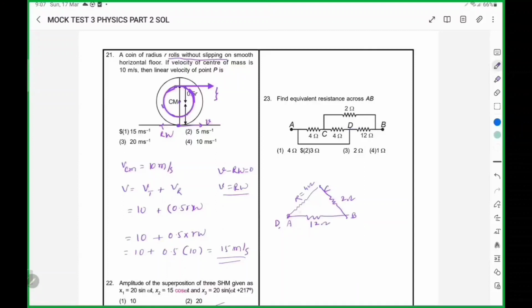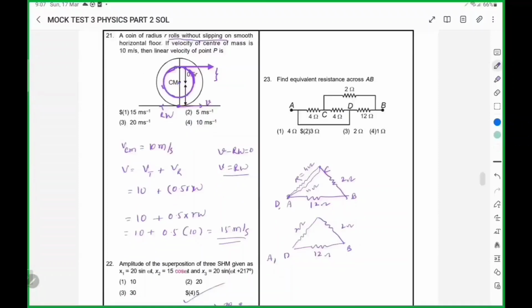And between C and D, you have another resistance, 4 ohms. So these two are in parallel, 4 ohms each. Equal resistors are connected, and effective resistance will be half. So if you redraw this circuit, the effective resistance here is 2 ohms, 2 ohms. Here it is 12 ohms.